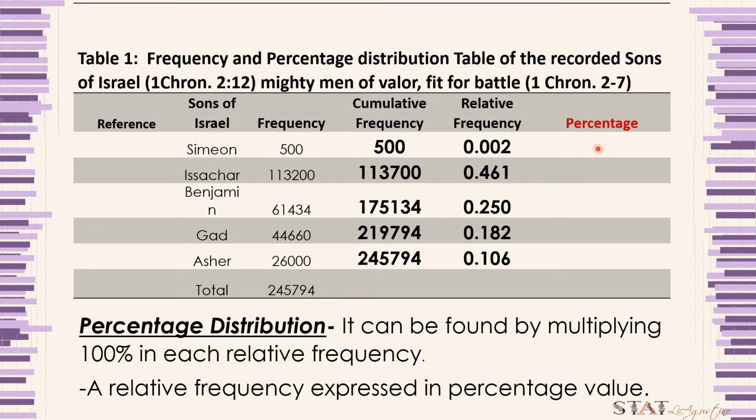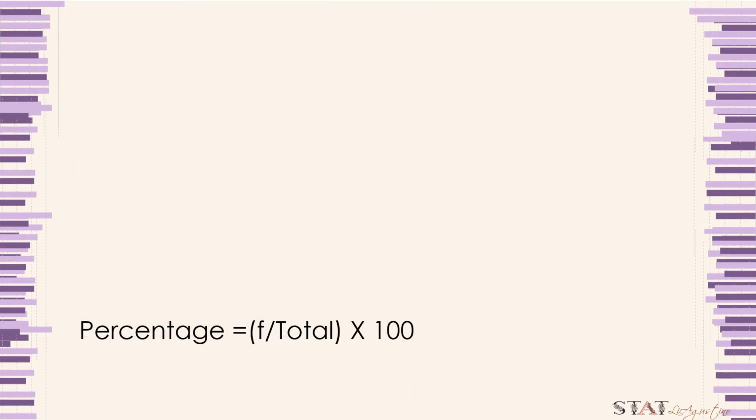Or in another way, if you have the relative frequency data, just multiply it by 100. For example, for Issachar, 0.461 times 100, so that would be our percentage distribution. Okay, so just the frequency divided by the total times 100.